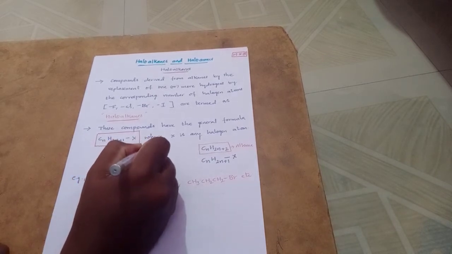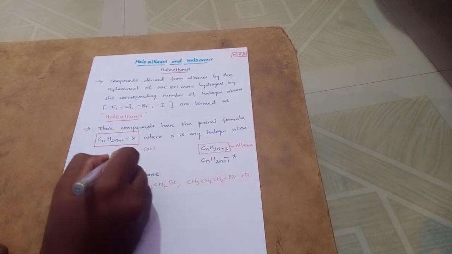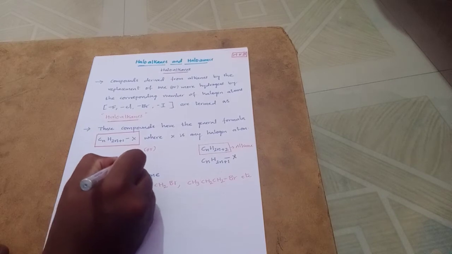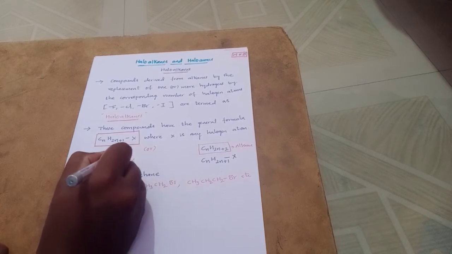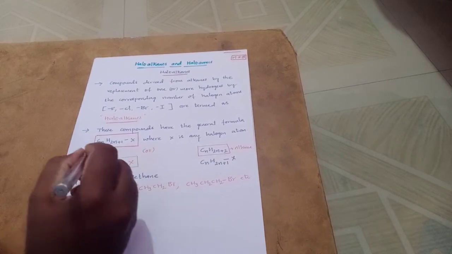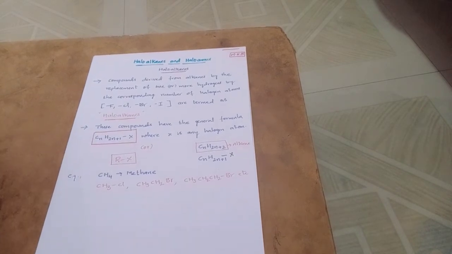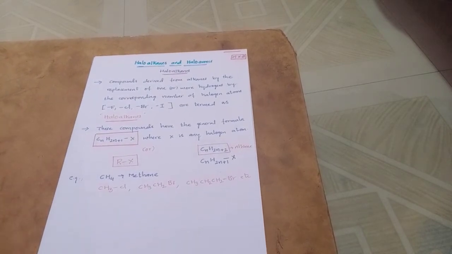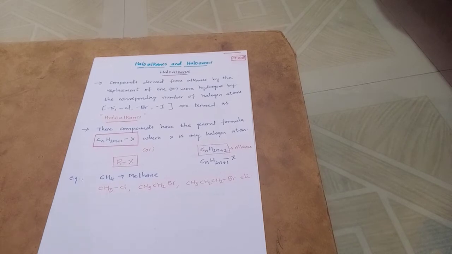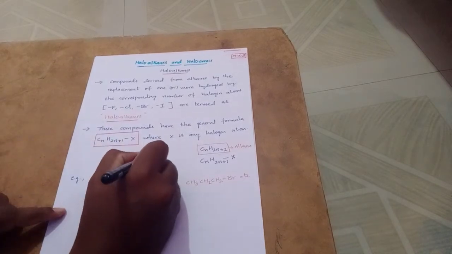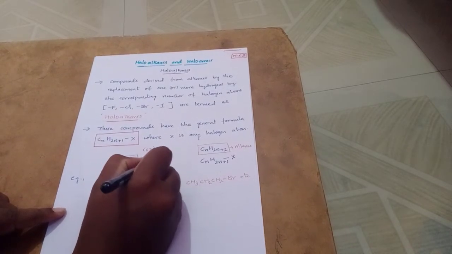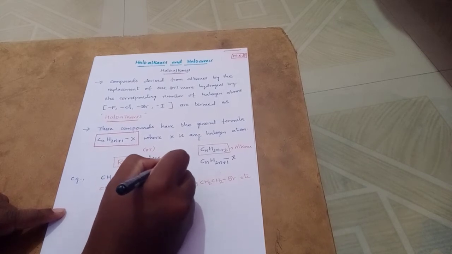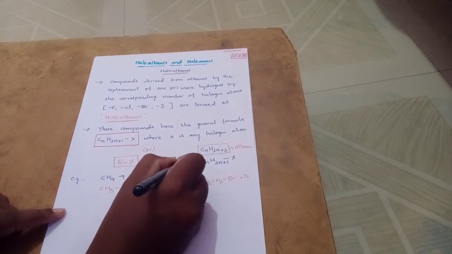Or it is also written simply as RX. RX is also the general formula for haloalkanes, where X is any halogen and R is an alkyl group or hydrocarbon part.